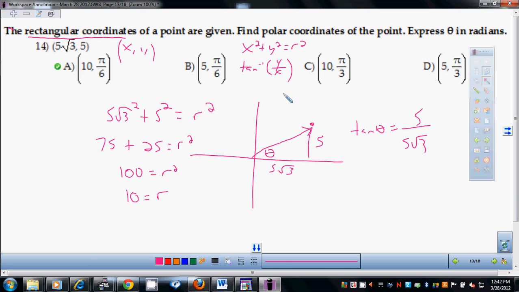It's just going to give you some point x, y, and given those points, that is the shortcut to finding the two things that you need. Your radius, r, and your angle, theta.